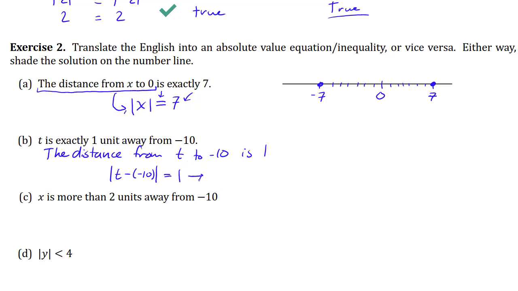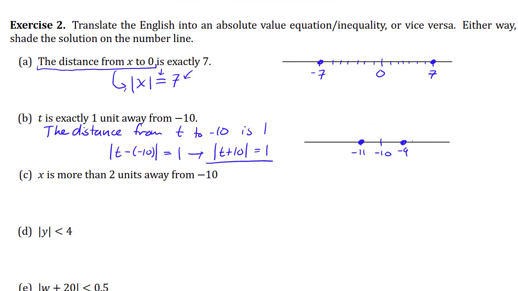And, of course, t minus negative 10, you might as well write that as t plus 10. So you can just write it like that. And then a number line. Here's negative 10. Here's negative 11. Here's negative 9. Those are the things that t can be, which are two things 1 unit away from negative 10. Zero is over here somewhere.